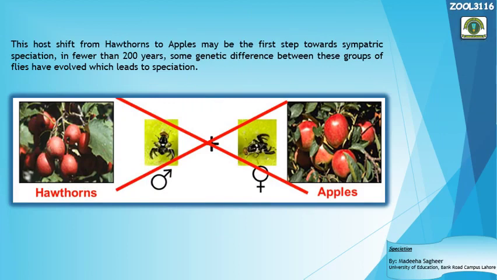Now here you can see that male and female apple maggot flies from different hosts could not mate with each other, and ultimately within a passage of 200 years they have developed into different species. Now this is after the 200 years, this is a separate species, and this is a separate species of the maggot flies. This host shift from hawthorns to apples may be the first step towards sympatric speciation. In fewer than 200 years, some genetic differences between these groups of flies have evolved, which leads to speciation.